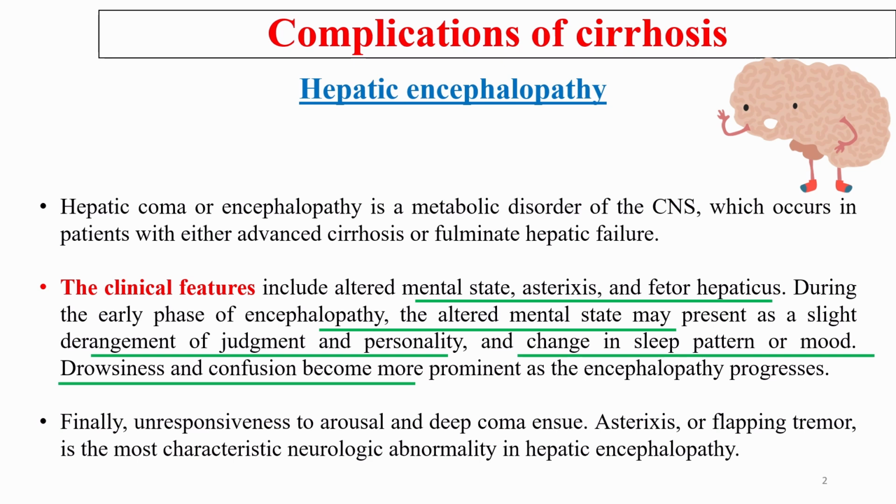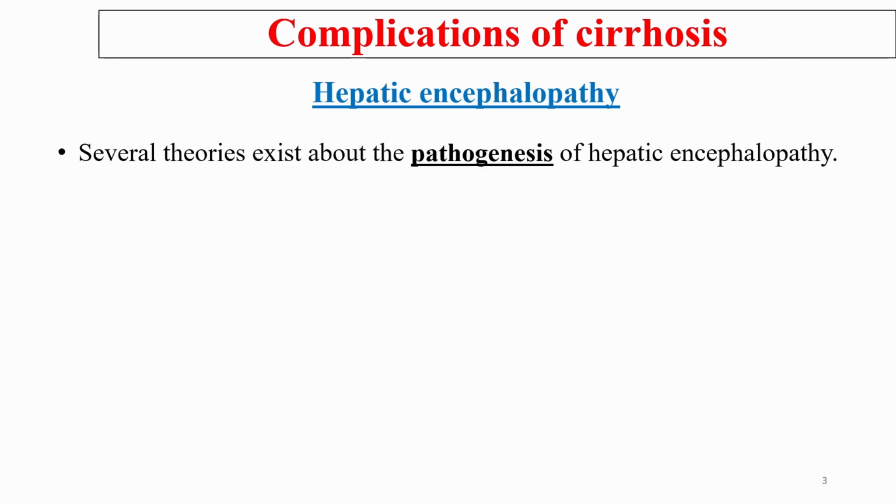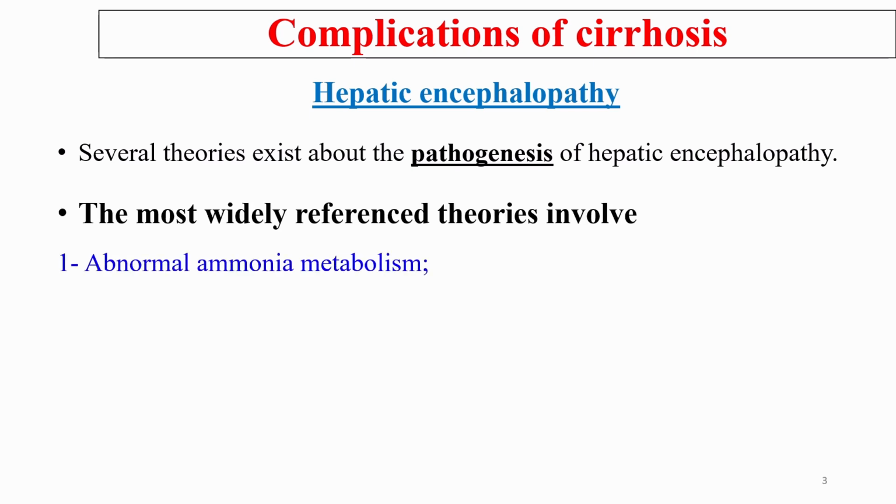The exact mechanism behind hepatic encephalopathy is multifactorial. Ammonia is the most widely studied toxin. It comes from gut bacteria breaking down protein. Normally, the liver converts ammonia into urea, but in liver failure, ammonia builds up and crosses the blood-brain barrier.